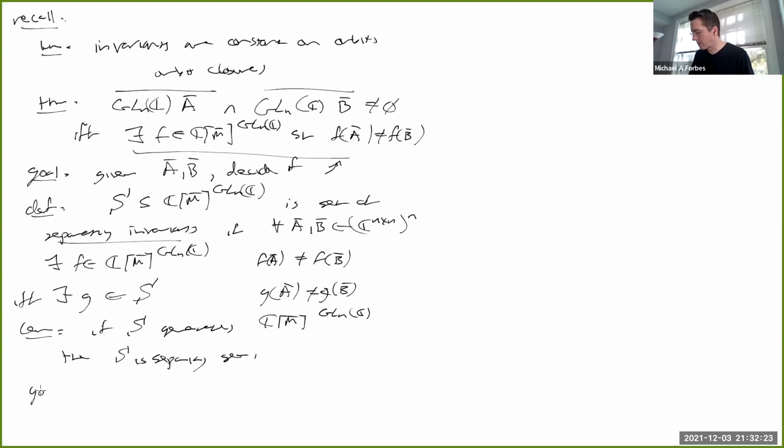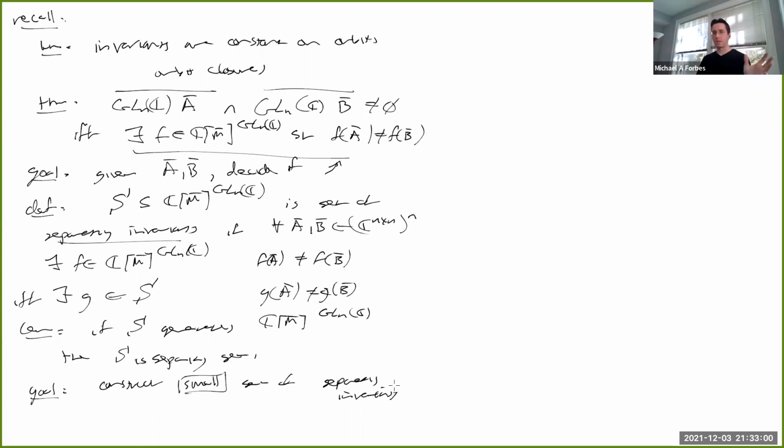And so then the goal would be to construct a small set of separating invariants. And this is our dimension reduction, in the sense that we start with tuples of matrices, and we can map those tuples of matrices to their orbit closure, which is basically saying that we map the tuple to the point in the GIT quotient, which is basically the evaluation of every invariant on this tuple of matrices.